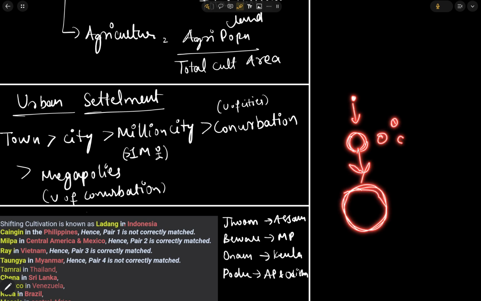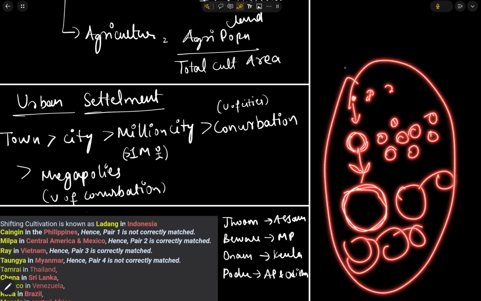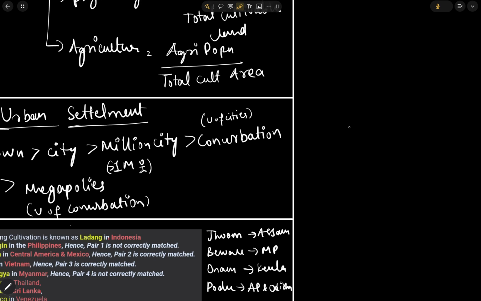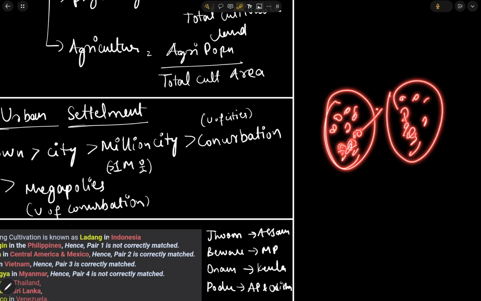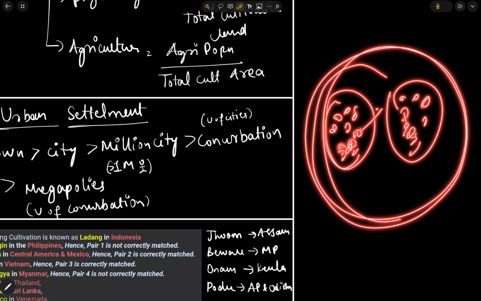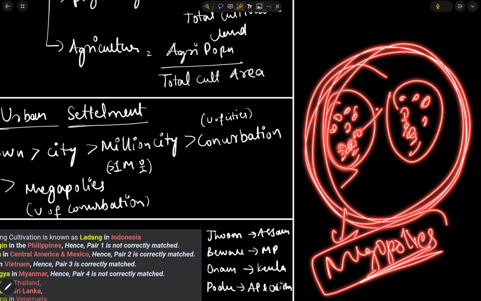If we include various cities, towns or million cities, this is known as a conurbation. This is one conurbation which includes various million cities and cities. In the same way we have another conurbation. The union of all these conurbations is known as a megapolis. Union of conurbations is nothing but the megapolis.